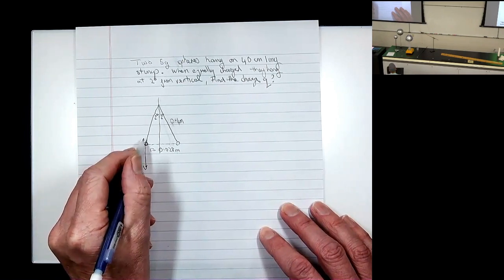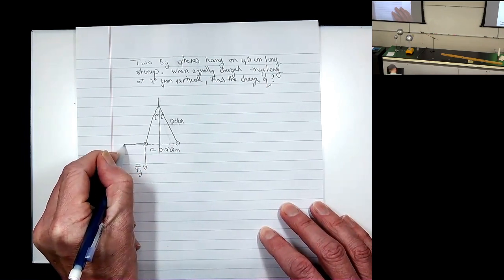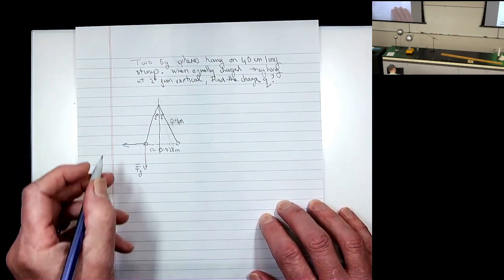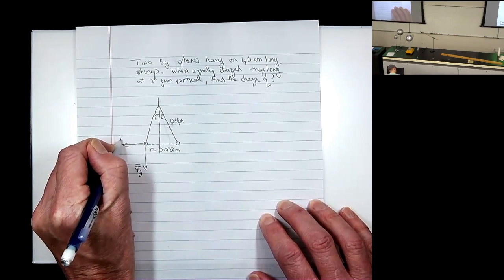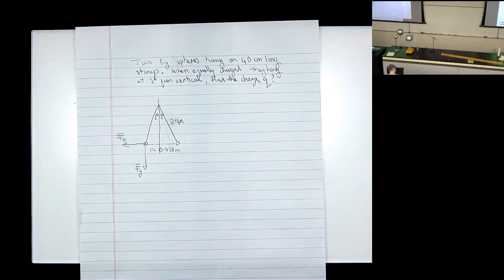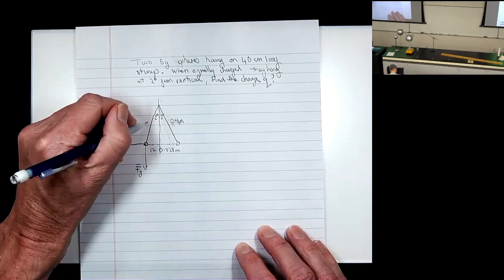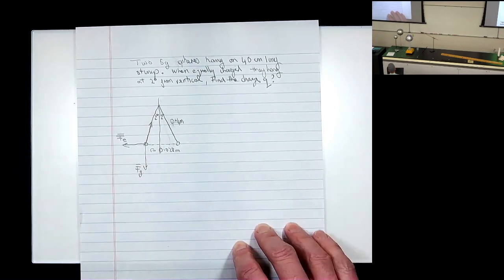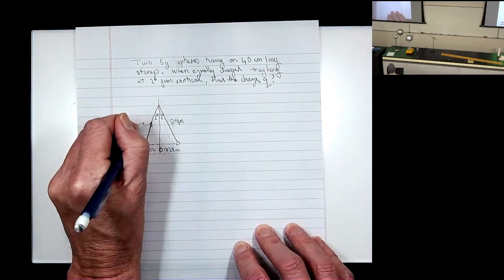There's an electrical force that's acting, just a repulsive electrical force between the 2 charges. So for the left-hand charge, it's going towards the left, and I'll just indicate that as Fe. That's the electrical force. Is that it? That's not it. There's another force. That's the tension force in the string. And so I've got to add the tension force in the string. That acts along the string. So here's the tension force, a third arrow. I'll just call that T.